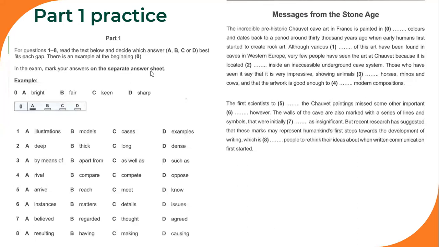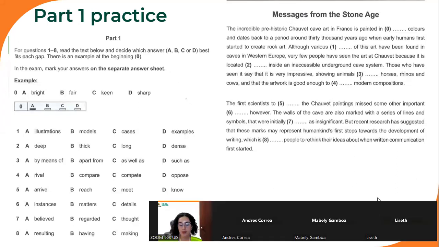But recent research has suggested that these marks may represent humankind's first step towards the development of writing, which is causing people to rethink their ideas about when written communication first started. Okay, so this is messages from the Stone Age, de la Edad de Piedra.